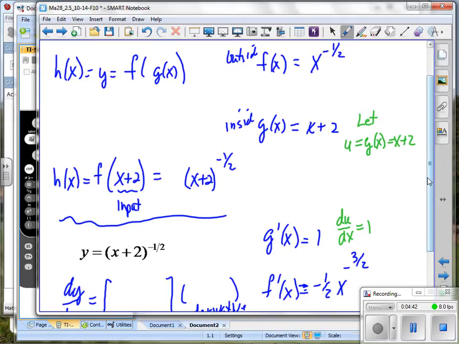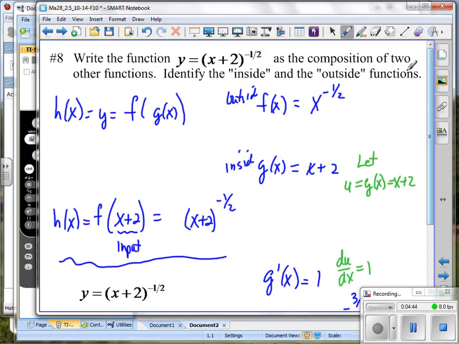Okay. If I'm going to let u be x plus 2, then I'm going to have to let y equal u to the negative 1/2. Think about it.